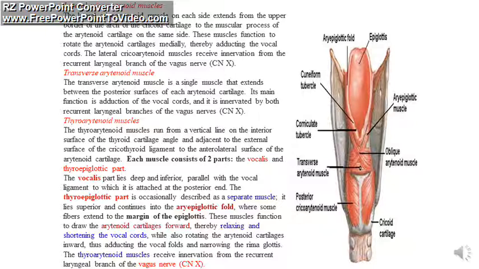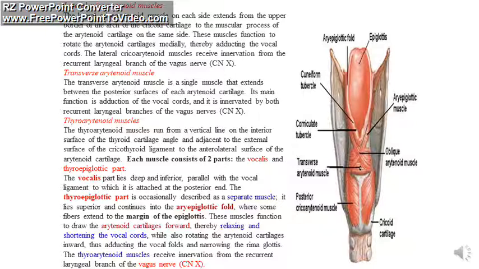The thyroarytenoid muscle runs from the vertical line on the anterior surface of the thyroid cartilage angle and the external surface of the cricothyroid ligament, to the anterior lateral surface of the arytenoid cartilage. Each muscle consists of two parts, the vocalis and the thyroepiglottic part.